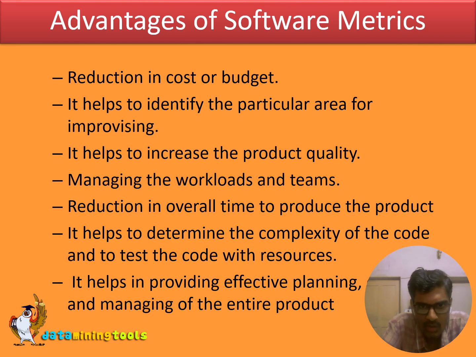Reduction in cost or budget. When you have metrics in place and you're measuring the progress of the project or the product, we look at various ways to reduce cost, in terms of having more testers or more developers. Assigning the people will help to reduce the cost. Next, it helps to identify the particular areas for improvement.